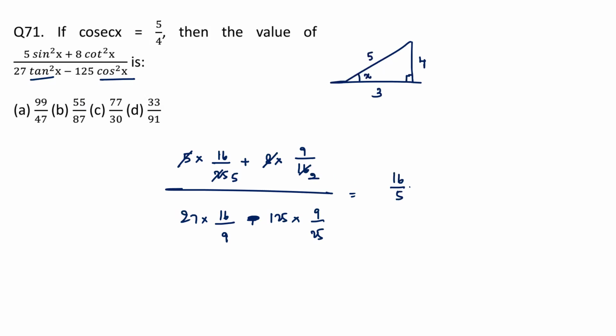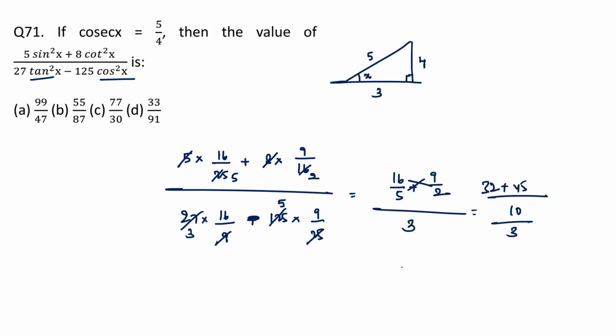So I'm going to get 16 by 5 plus 9 by 2. Here anyway it is 3. 48 minus 45 is 3. Take the LCM, it is 10. 32 plus 45, so 77 in the numerator.